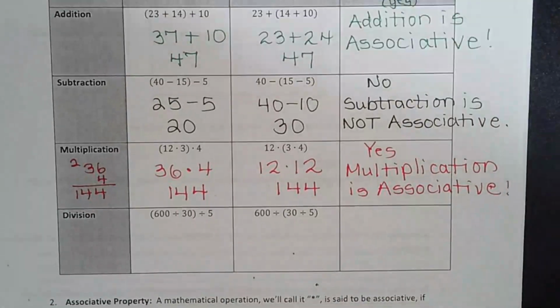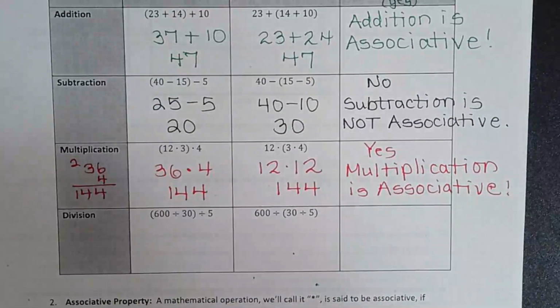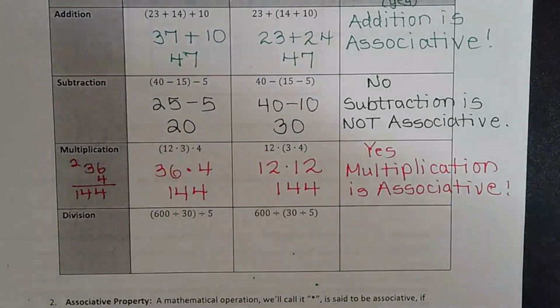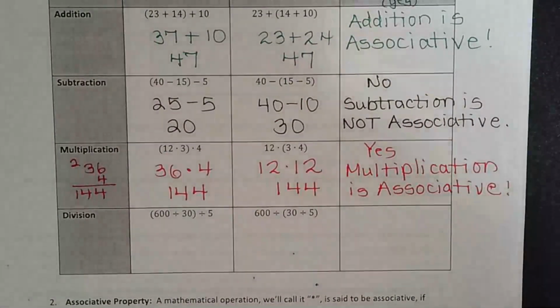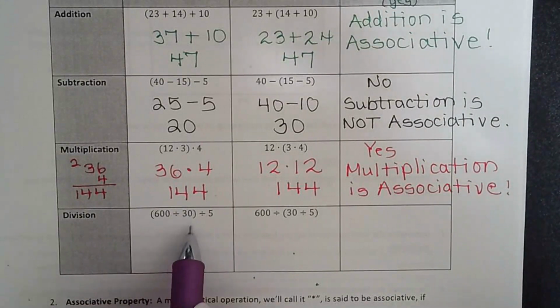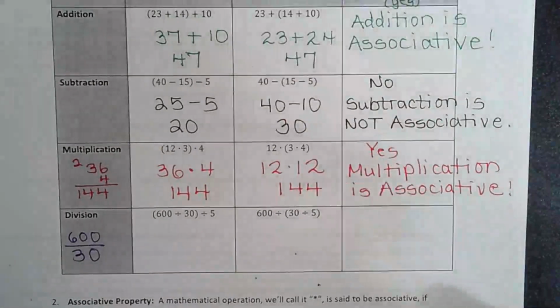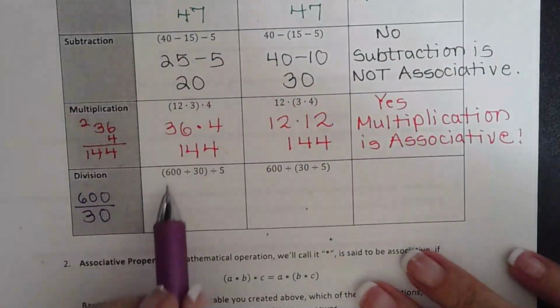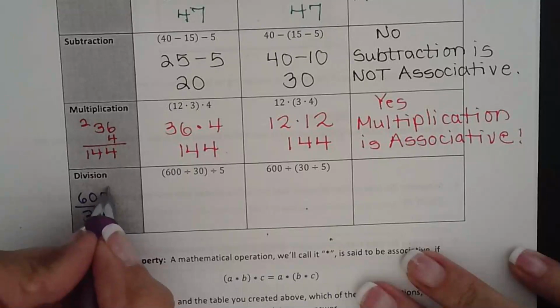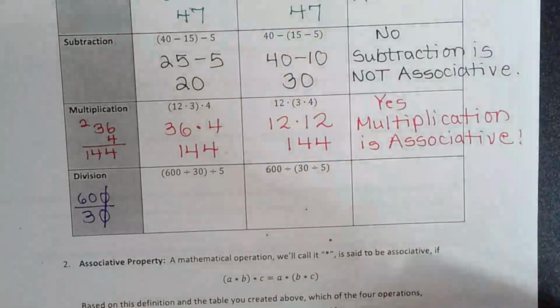And last but not least, we try our division. So we have 60 divided by 30, 600 divided by 30. Remember how I said you can do this with division like this? You just have to keep it in the same order.